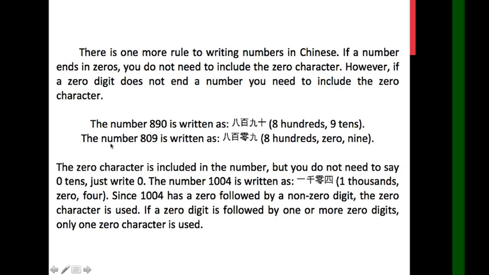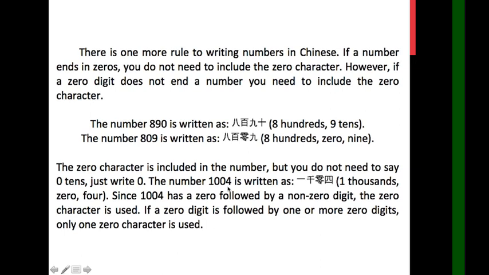But kung ang 0 ay napagitna ng mga numbers, just like 809, you need to write the 0. So we have 800s, 0, but you don't need to write 0 tens, that's understood, and then 9. The 0 character is included in the number, but you don't need to say 0 tens, just write 0.